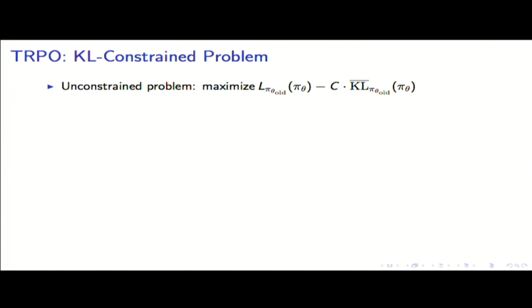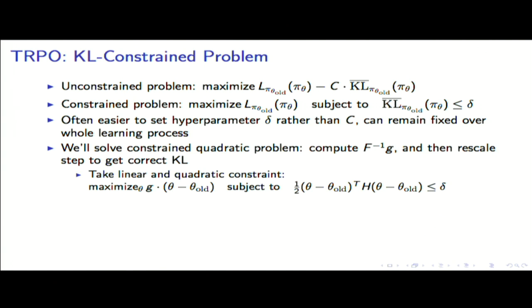There's another variation on this called trust region policy optimization, or TRPO, where instead of solving the unconstrained problem where you have a KL penalty, you solve a constrained problem where you have a hard constraint on the KL divergence. And actually, it's only a tiny modification.